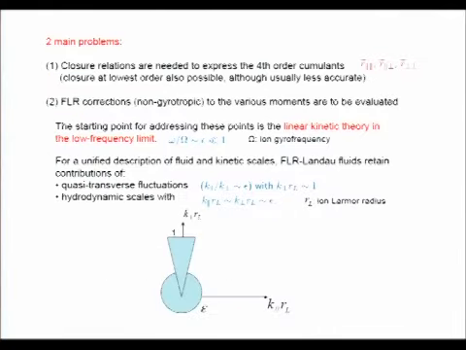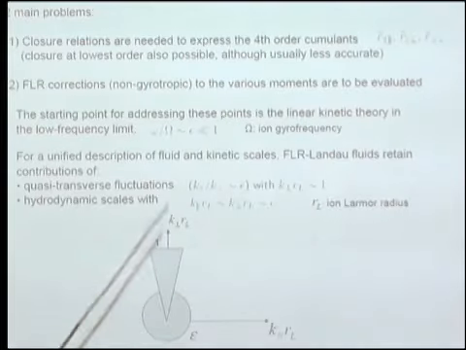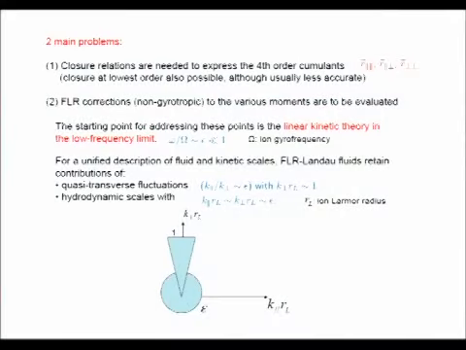So the two main problems that remain to be solved are how to close these fourth order moments and how to calculate these finite Larmor radius corrections. And as I said, we base ourselves on linear kinetic theory in the low frequency limit. And the domain of validity of the expansion in Fourier space is the following.